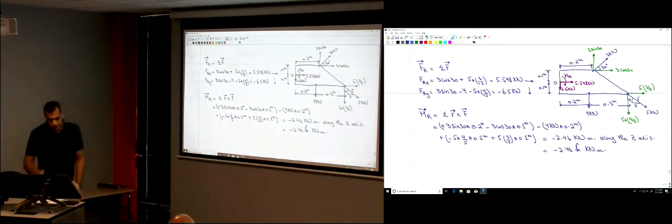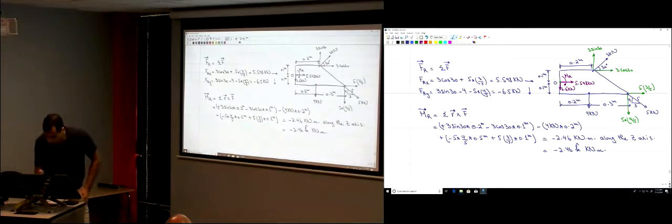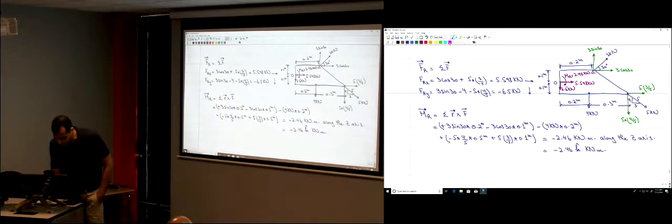If you use Cartesian vector notation, you would have reached the same result. Okay? Now, this is the resultant moment. So I have this MR. It's negative, so negative is clockwise. It's 2.46 kilonewton meter. And those two forces, I can find the resultant. How much is FR?